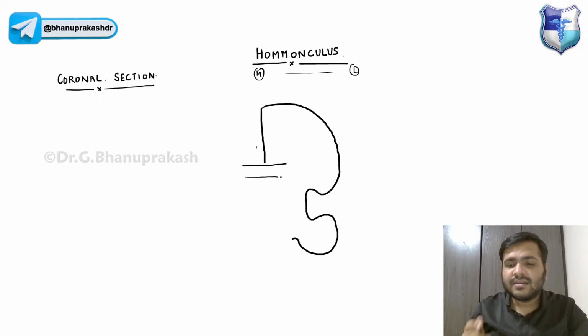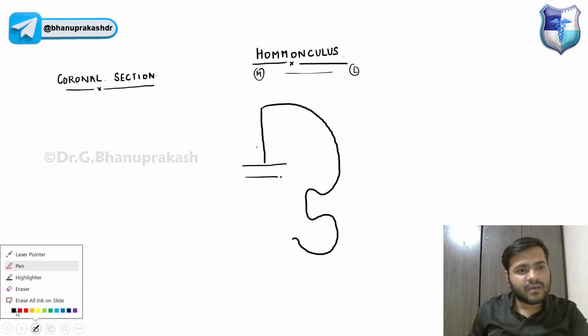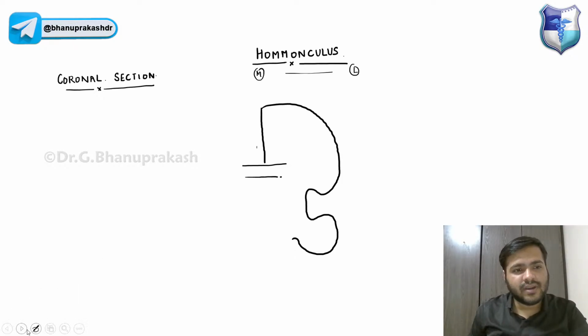Over here, just try to look at it: the leg and the thigh. Let us draw it so that it is easy for you as well. You already know we have this foot, on the medial side.